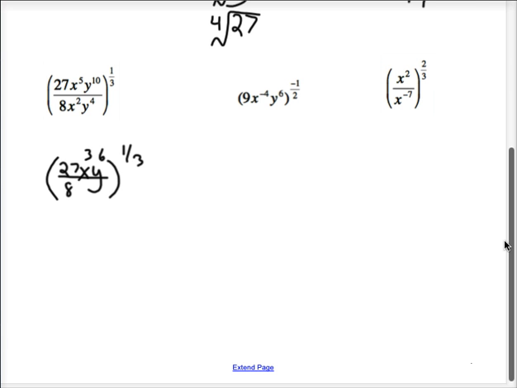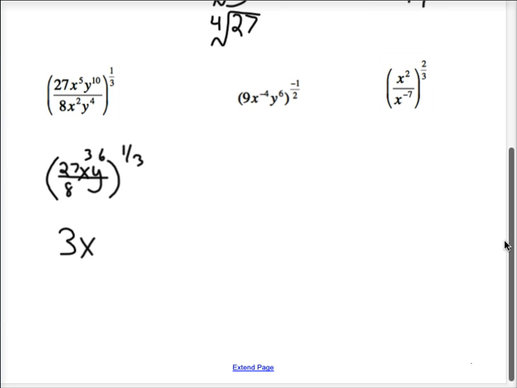So now I run through that. The 1/3 exponent is going to apply to everything inside here. Okay, so let's take a look. 27 to the 1/3. So basically the cube root of 27 is going to give you 3. X to the 3rd power. Well, power of a power you multiply. 3 times 1/3 will just leave you an x to the 1st.